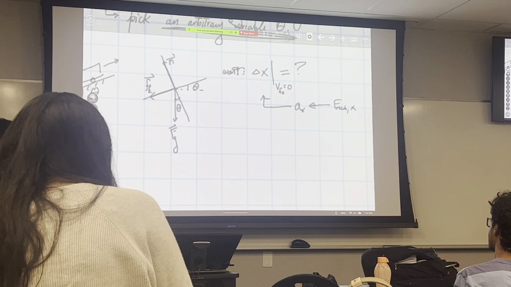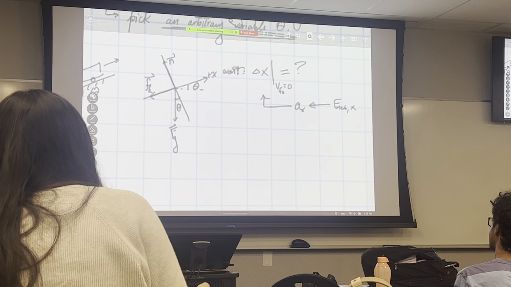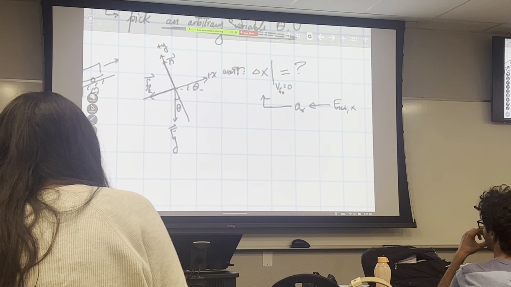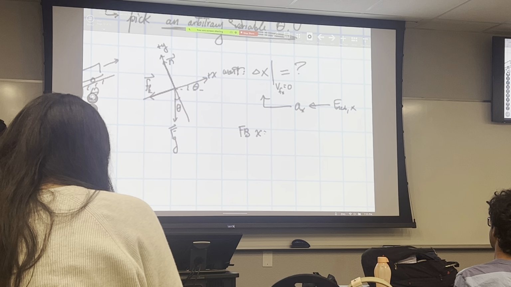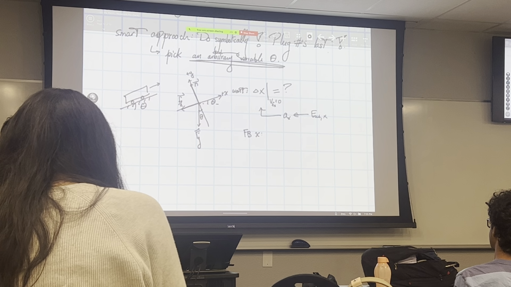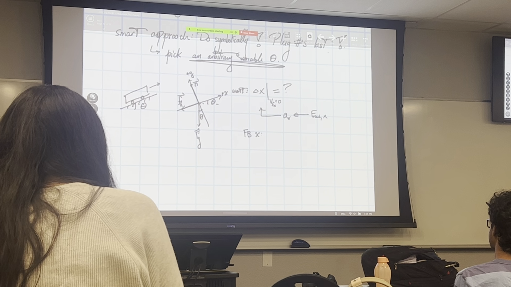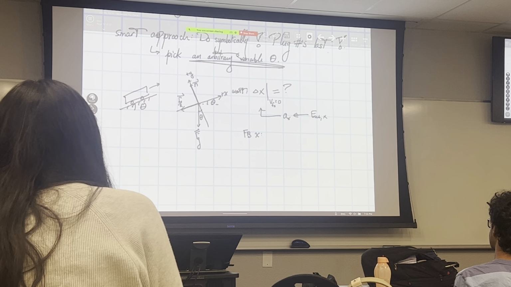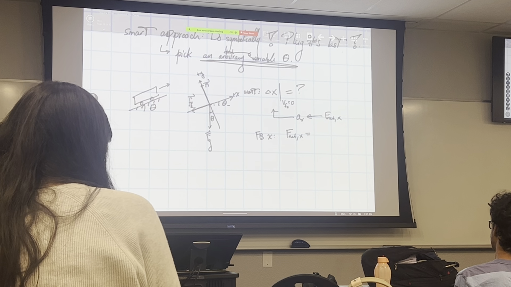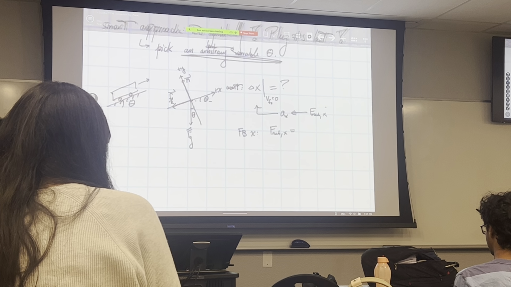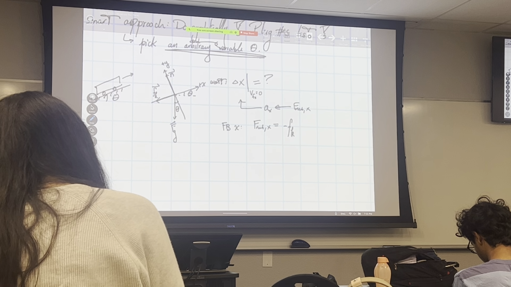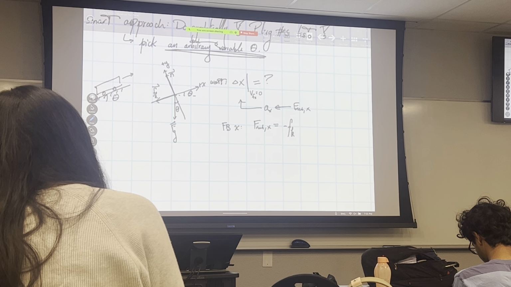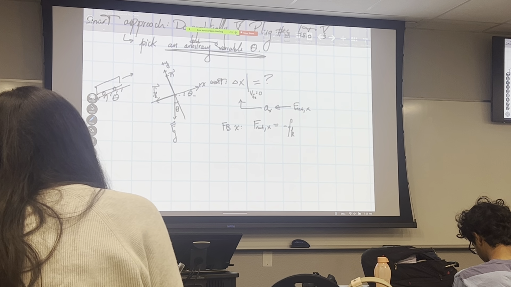So let's begin here. This is our positive x-axis, that is going to be our positive 1. So let's do the force balance in the x. The net force in the x direction is: we have negative frictional force Fk. Do we have anything else? Yes, we do.